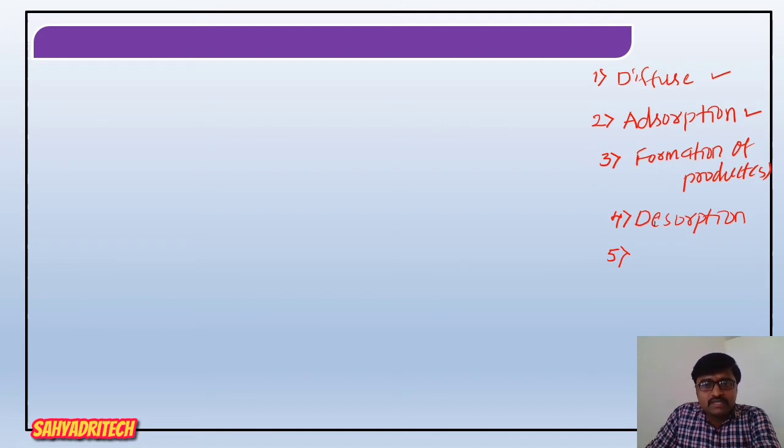Once desorbed, what is the last step? Diffusion again. Diffusion of product molecules away from the surface of a catalyst takes place.